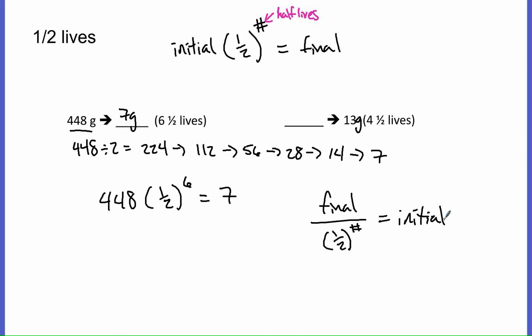So on your calculator, I'm going to need to do that real quick. I didn't do it on the last one because I already came up with the 7 answer. But if I start with that final amount, 13, and I divide by, in parentheses, 1/2, raise that to a 4th power, that's going to give me an answer of 208.